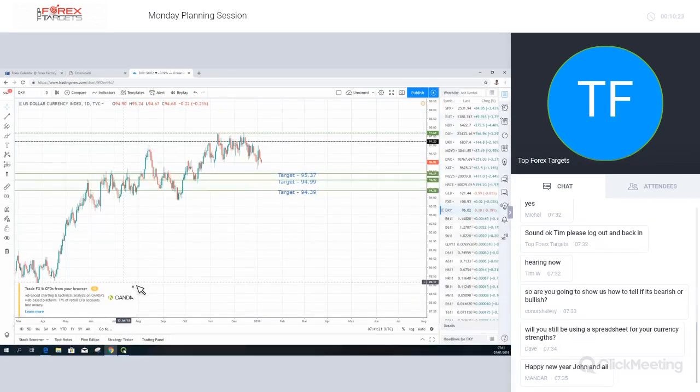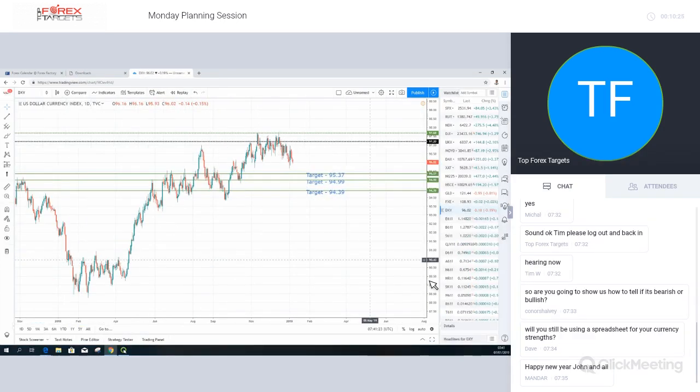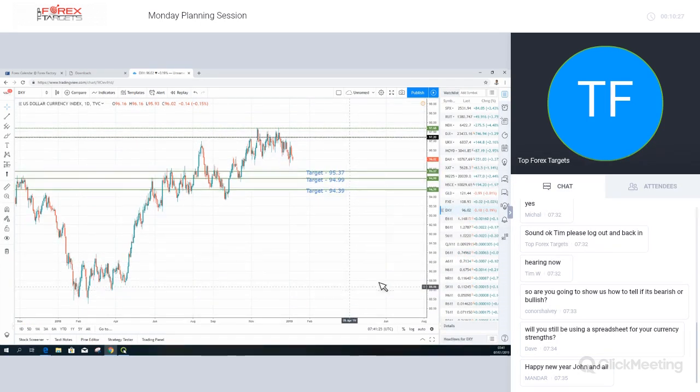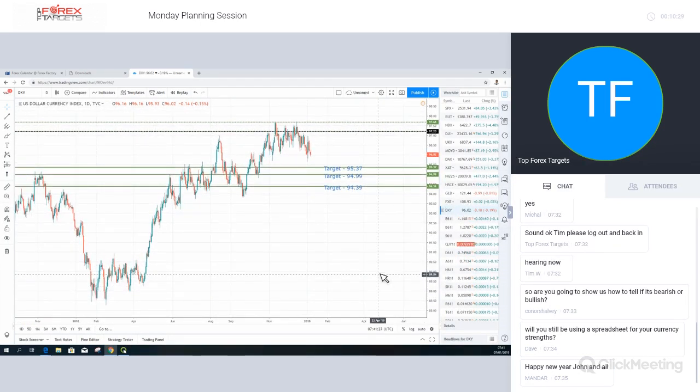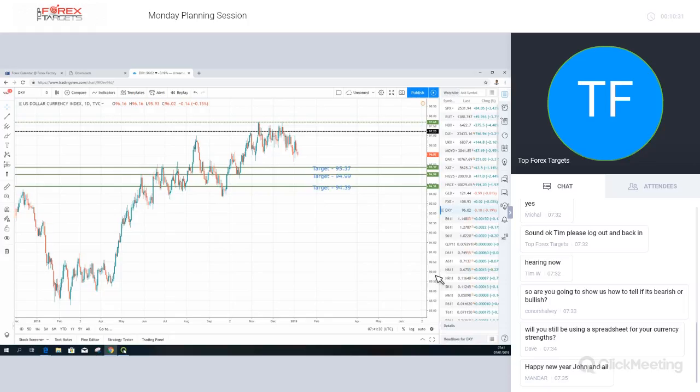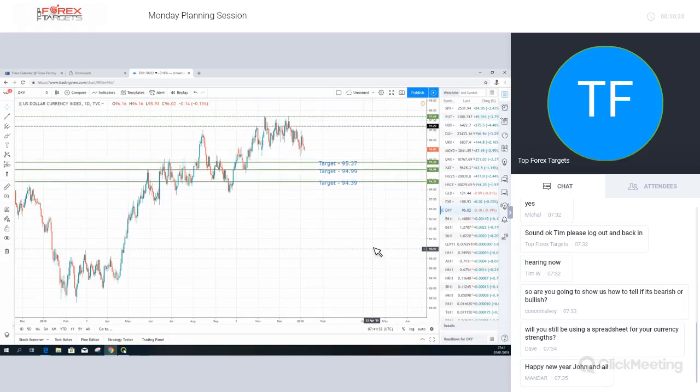In terms of the broader themes this year, let's start off with the dollar, because this, of course, is arguably the most important currency. We can see that on an economic basis, the US economy has been doing very, very well, and they've moved into a phase of tightening.